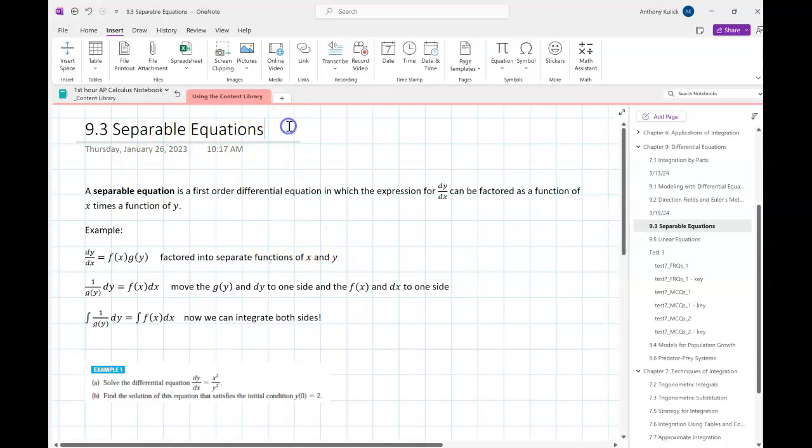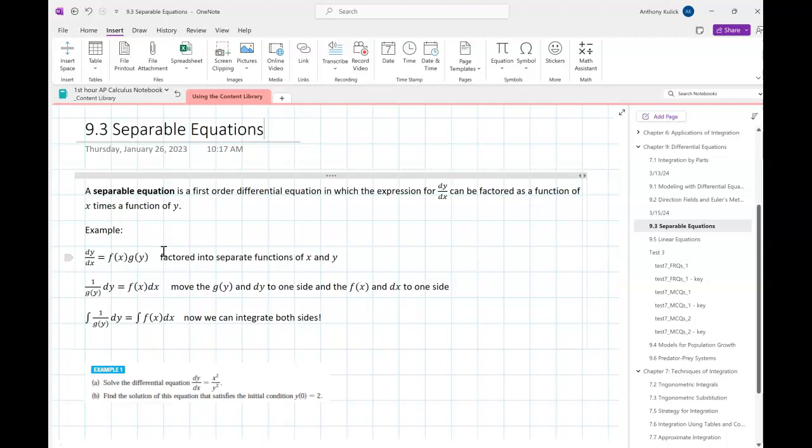All right. So today, 9.3, we're going to talk about separable differential equations. Here we're actually going to solve a differential equation algebraically just using calculus. So the idea is, if we have a differential equation like dy/dx equals f of x times g of y, I want to get all the y parts on one side of my equation and all the x parts on the other.